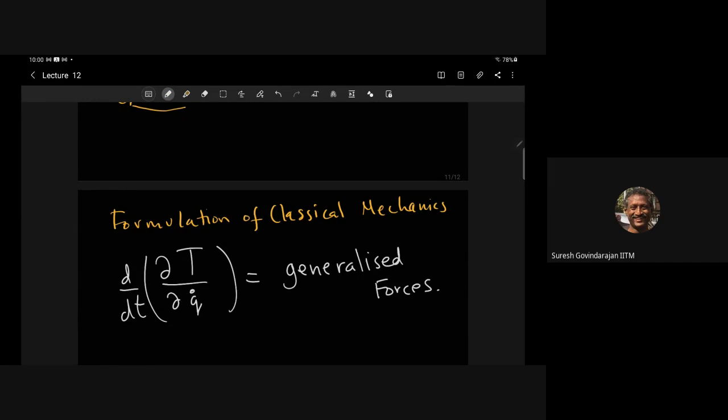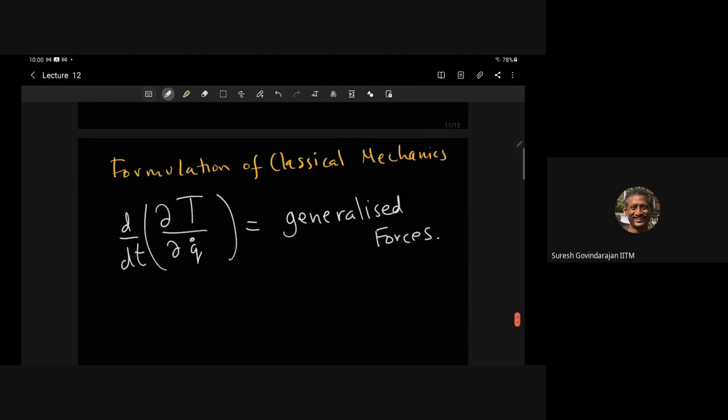For instance, the magnetic field story will fit into that kind of thing. Generically, potentials won't depend on velocity, but this is the kind of story one would do. But for me, p being defined to be dL by dq dot is just a definition.